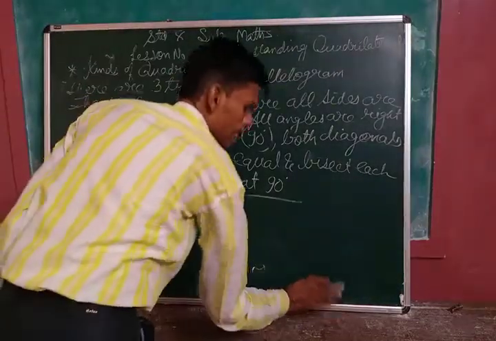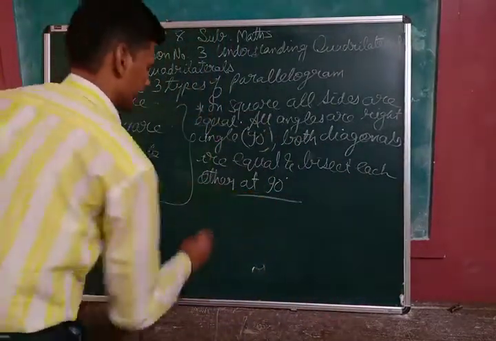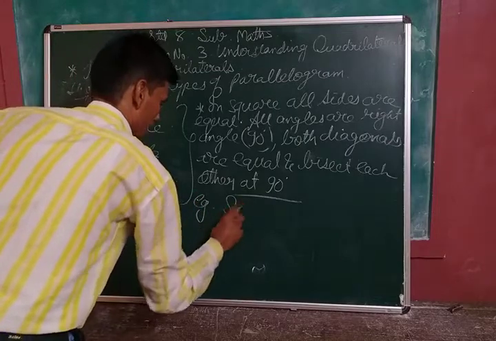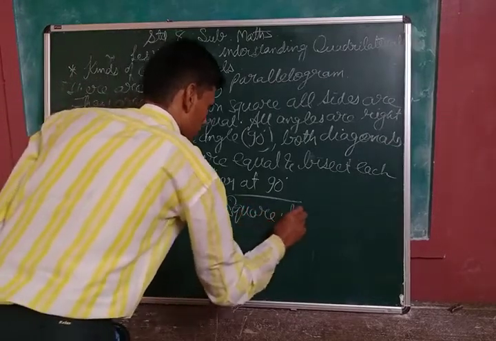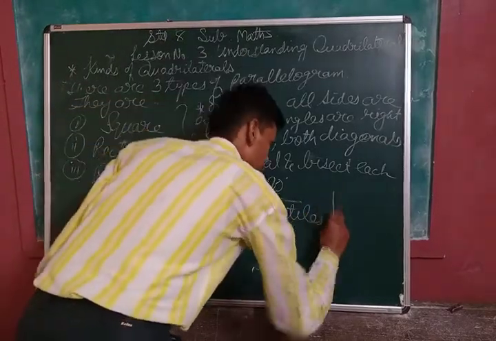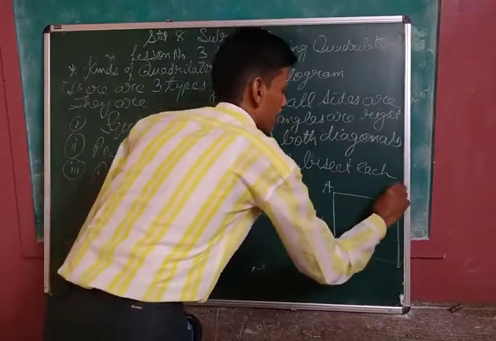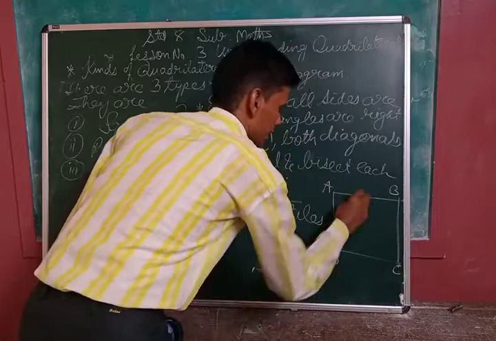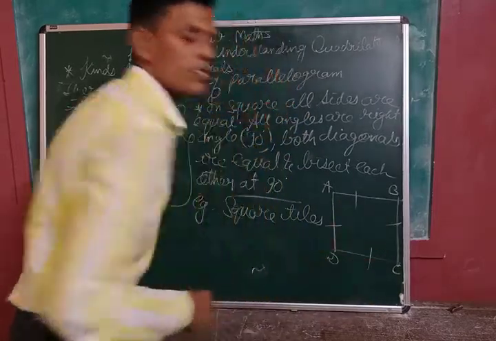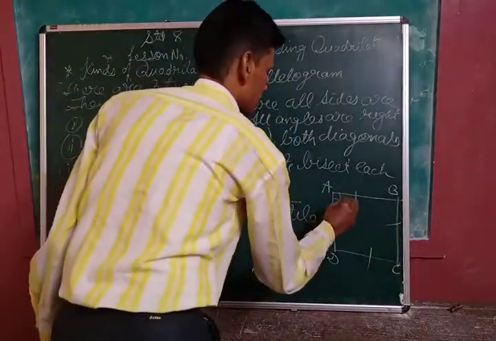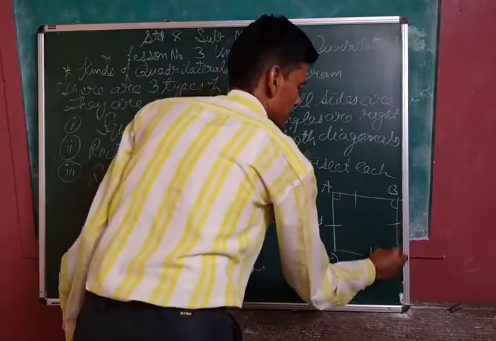Look here. Example is square tiles. A, B, C, D. AB equal to BC equal to CD. All sides are equal. This angle is 90. This angle is 90. This angle is 90.